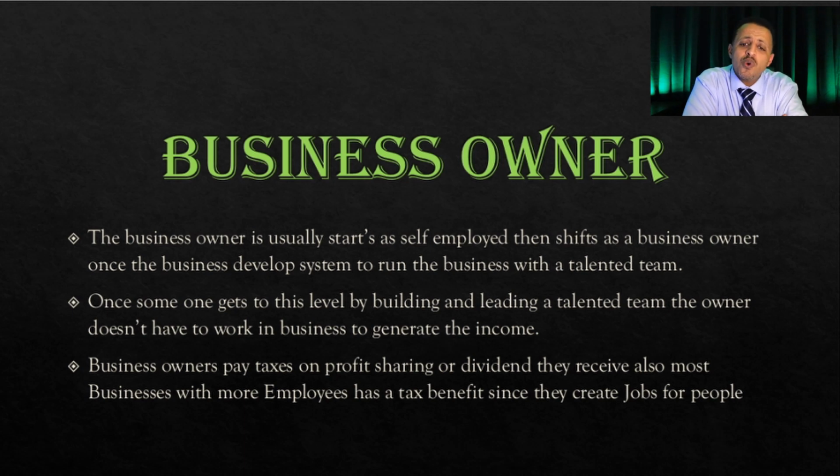A business owner usually starts as self-employed most of the time. And once he proves the concept, once he gets an investment, usually he can scale it up to a business. Then he becomes a business owner.